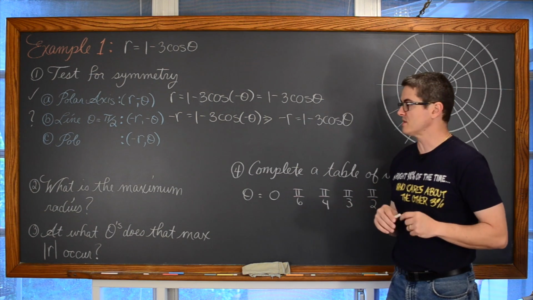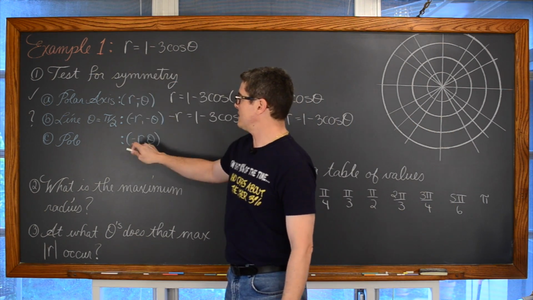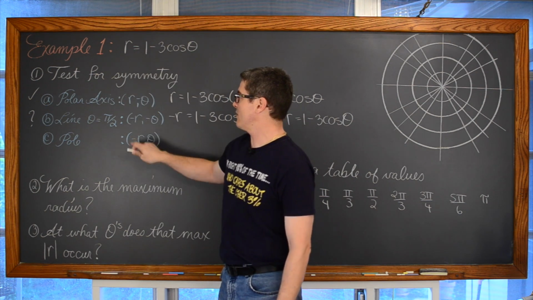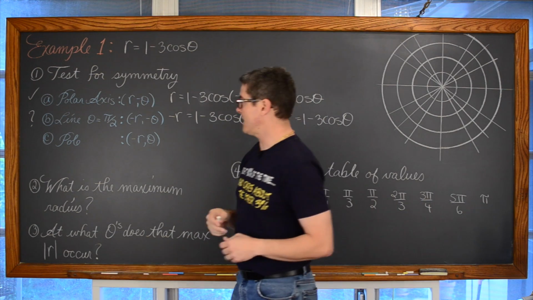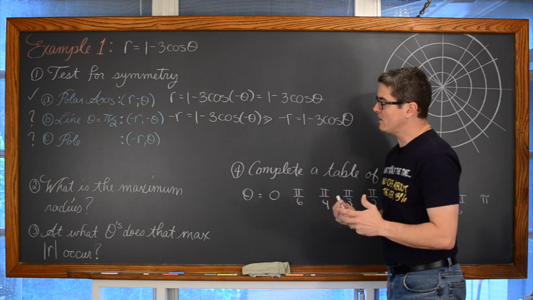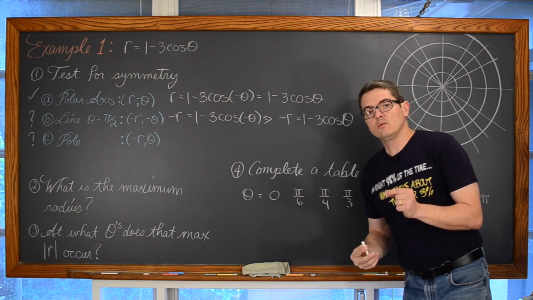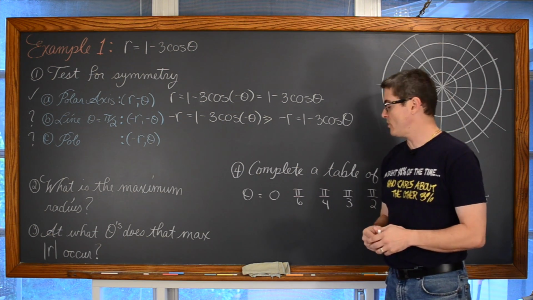We just aren't positive. And you can already see here, if I replace r with negative r, there's no way that's going to cancel that out either and get us right back to where we started from. So we're guaranteed with our 3 algebraic checks that we're going to have symmetry to the polar axis.